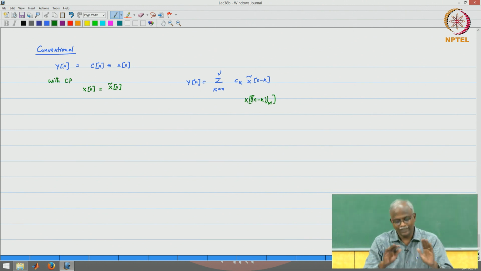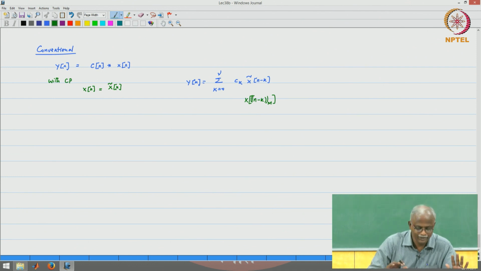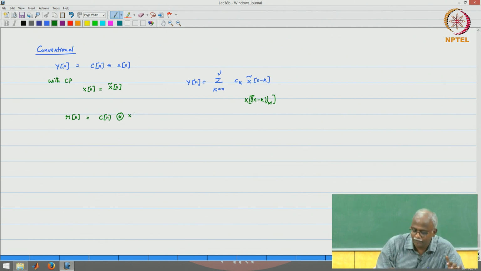Which means that your interpretation will have to be done accordingly, and you can actually show that the linear convolution is actually circular convolution. So effectively one frame of the output r of n can be written as c of n, no longer just linear convolution, but circular convolution with one period, just that basic frame x of n. Okay, so this is the time domain. Again, I may be a little bit sloppy in my notation, but it is the concept that is most important.